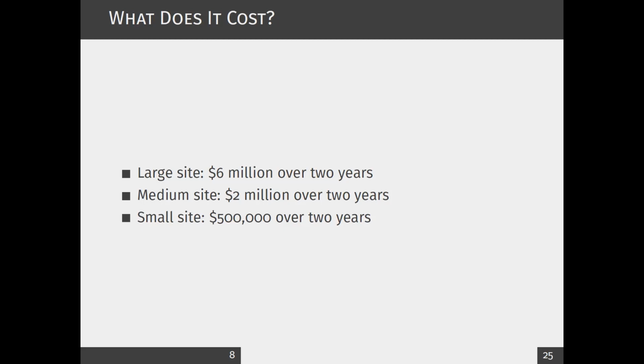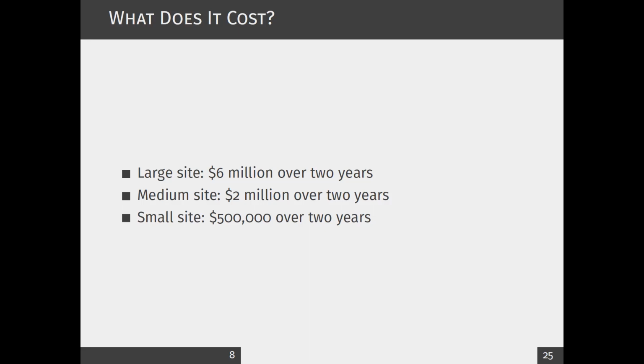Likewise, the cost matters, especially when we want to develop a website, right? And what is the cost? These are the amounts that I have taken from the book. By that time, when they were looking at developing a large website, they estimated the cost at around 6 million over 2 years.